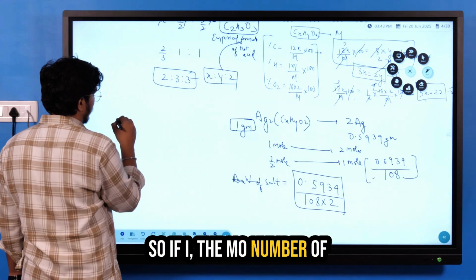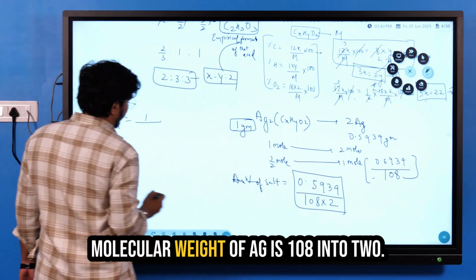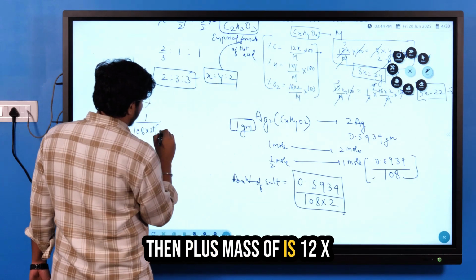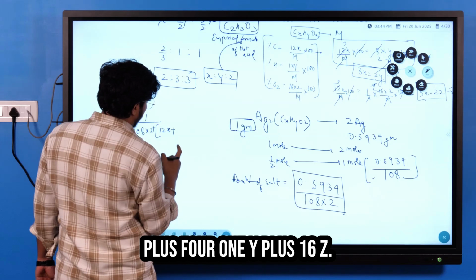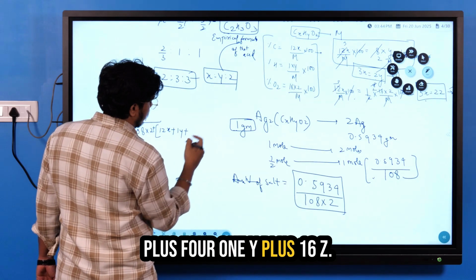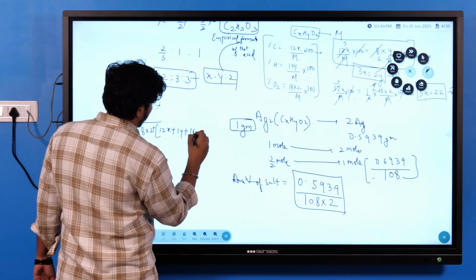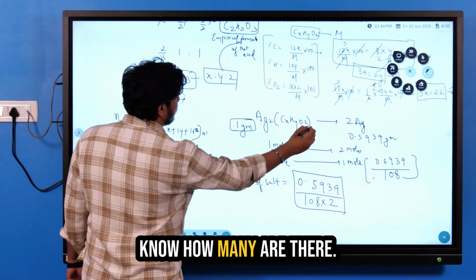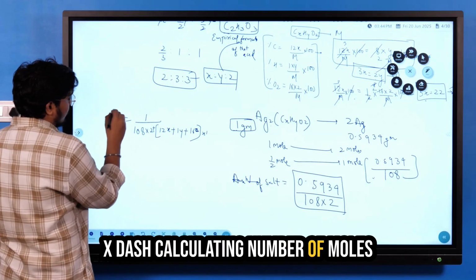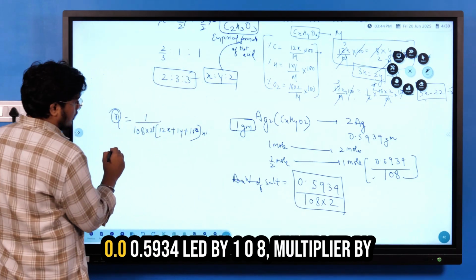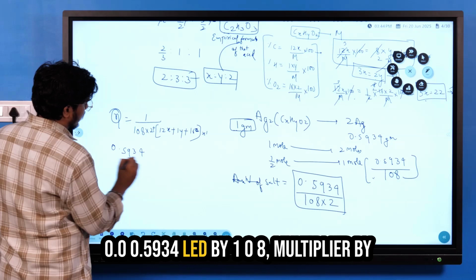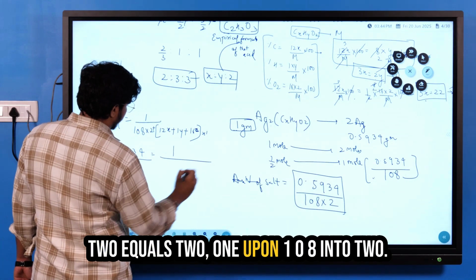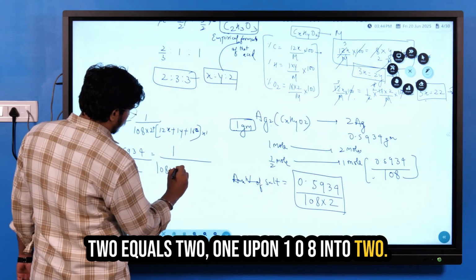So the number of moles of this salt is 1 gram divided by the molecular weight: Ag is 108 into 2, plus the mass of CxHyOz, which is 12x plus 1y plus 16z, multiplied by a common factor I'm taking as x dash. We don't know how many units there are, x dash. Calculating, the number of moles will be the same. We have already calculated 0.5934 divided by 108 multiplied by 2 equals 1 upon 108 into 2 plus 12x.